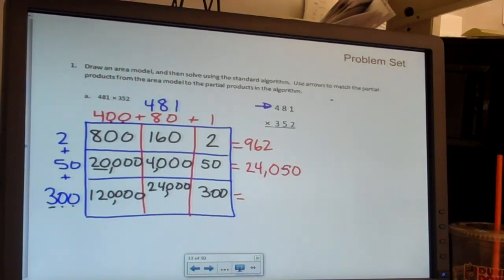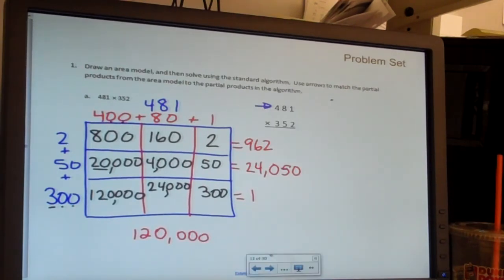Careful, this is 120,000 and 24,000. 22,300. Close, ready? 120,000 plus 24,000 plus 300.